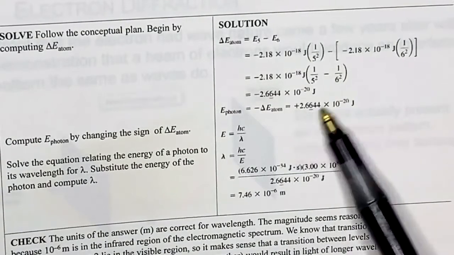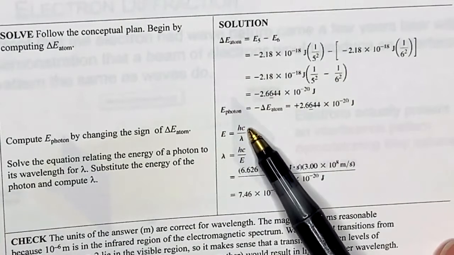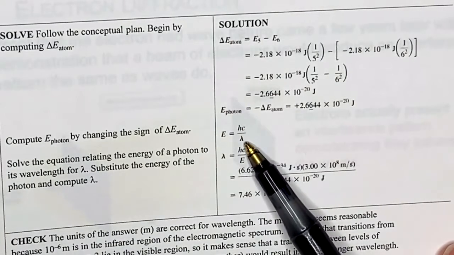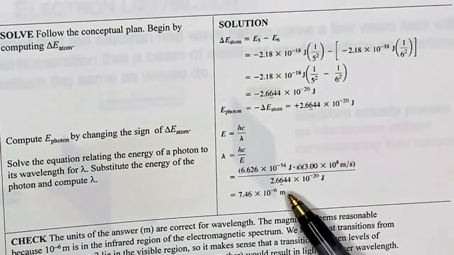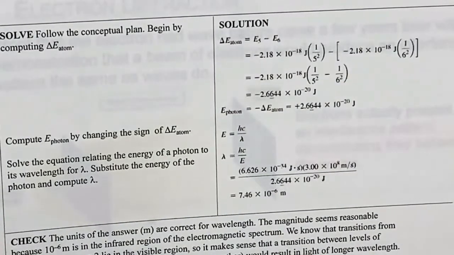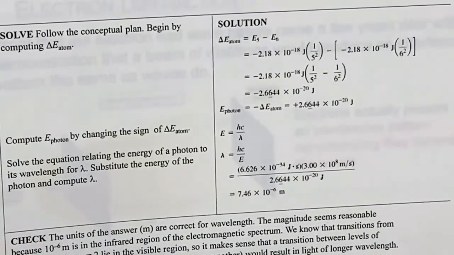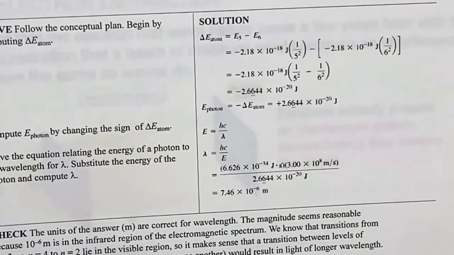Well, once you get the energy, you plug it into this equation, with Planck's constant and the speed of light, and you can get your wavelength calculated. So in this case, the wavelength is 7.46 times 10 to the minus 6 meters. And sometimes they will ask you to calculate in nanometers. But you can expect to see this on your homework, okay?